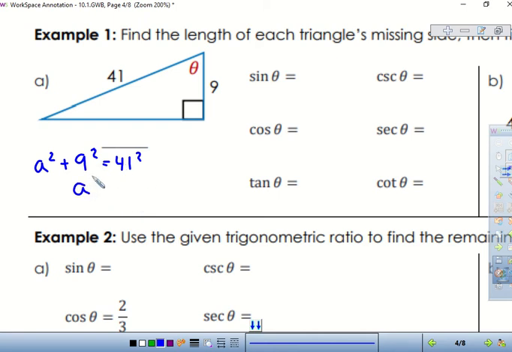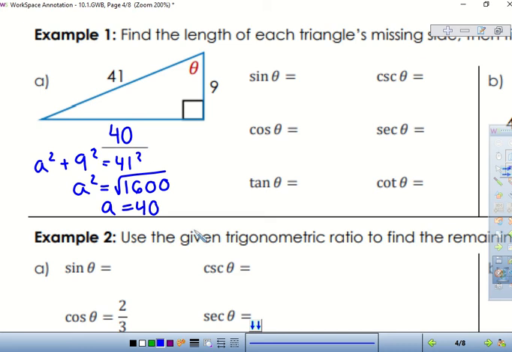We do that math, we get a squared is equal to 41 times 41 minus 9 squared, which is 81. So 41 times 41 minus 81 gives me the square root of 1600, which is actually a perfect square of 40. So this side comes out to be 40, using Pythagorean theorem.